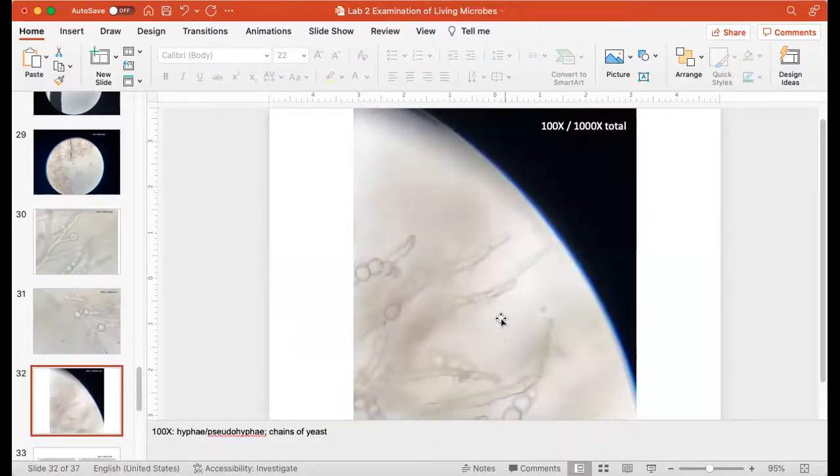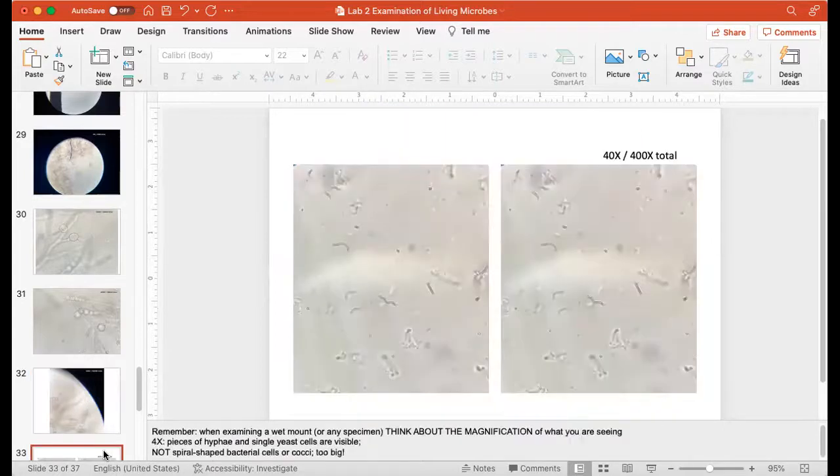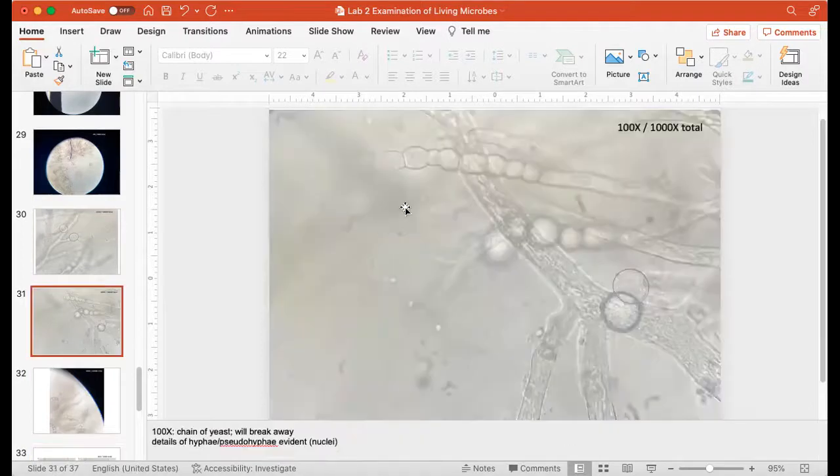Look at this view. We're right at the edge here of the field under the microscope. We're still under the 100x lens. You can see the tips of some of the branches of the mold, and you can see some yeasts budding off. See how big the yeast are under the 100x lens? Oh, sorry, let me go back. See how big these circles are? Much, much bigger than the bacteria that we saw under the 100x lens.